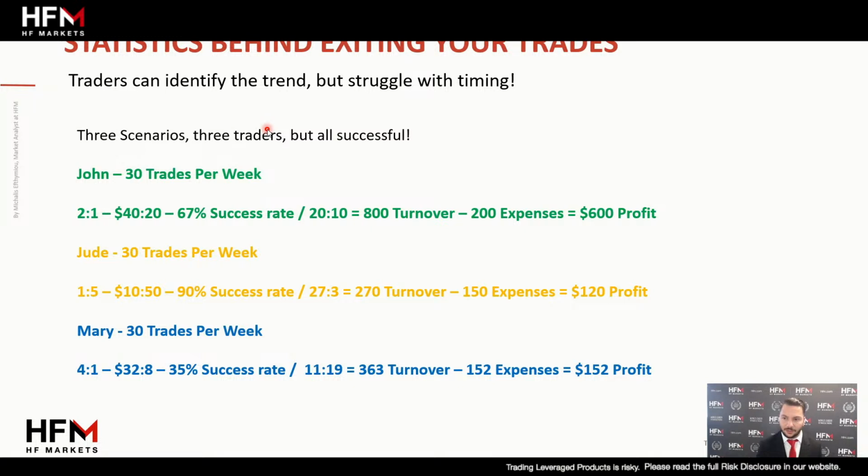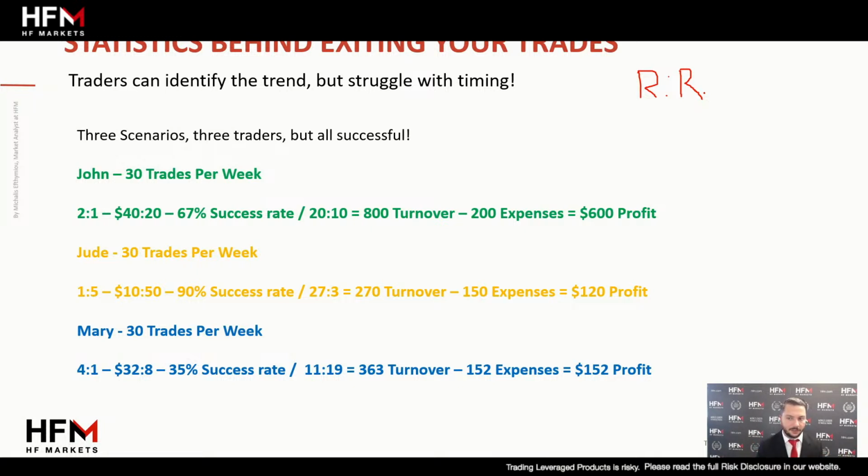The next thing that we need to look at is the reward to risk ratio, also known as R. It means how much am I looking to earn per trade compared to how much I'm willing to risk per trade. And you have to be very strict on this.